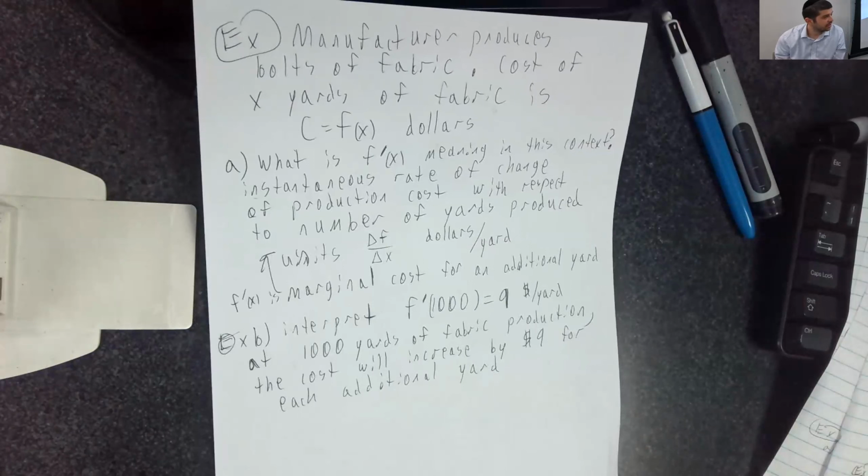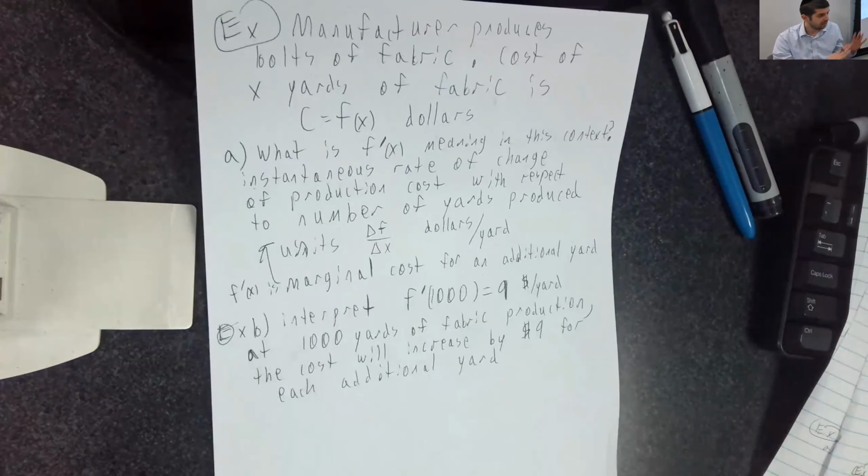Exactly, that's right. $9 per yard. So that means I have a certain cost for 1,000 yards, whatever it is. If I want to get an extra yard of production, $9 per yard at that point. So $9,000 in this case to produce 1,000 yards?